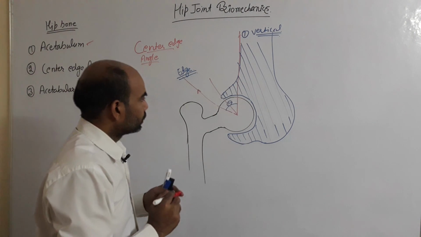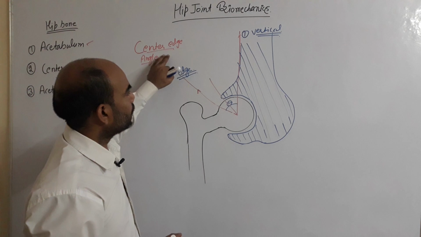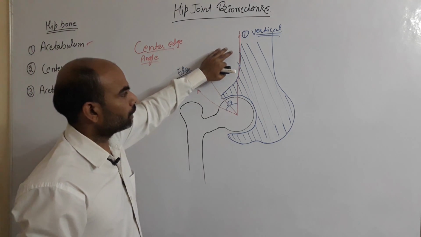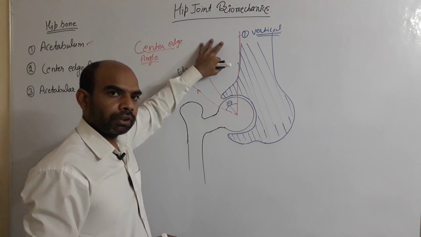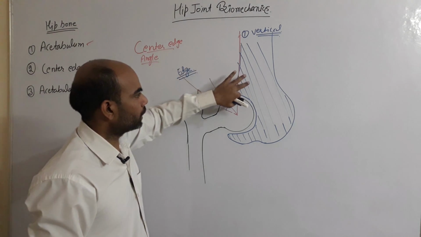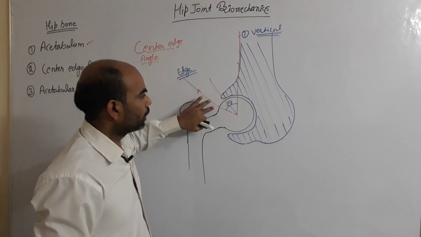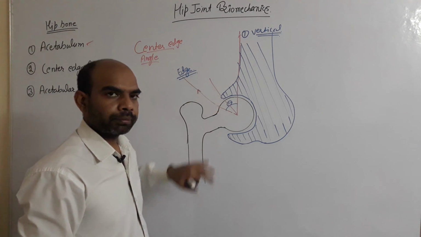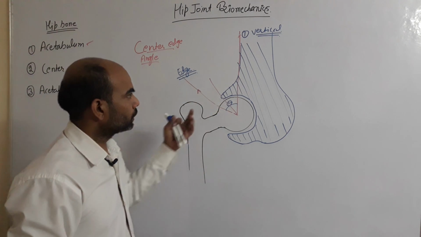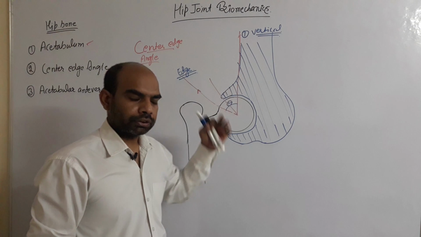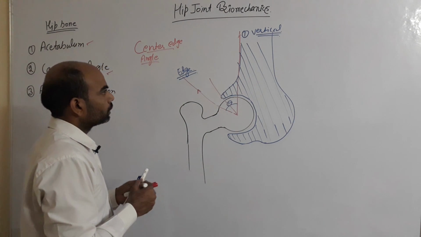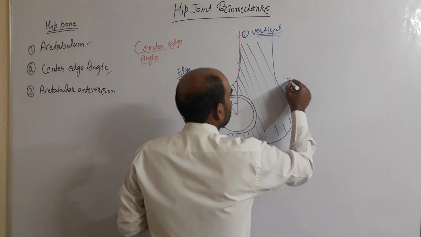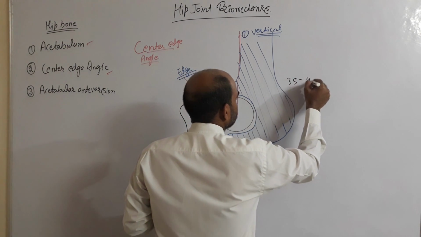So the central edge angle is the angle in the frontal plane; it represents the extent to which the acetabulum covers the head of the femur to oppose vertical forces. In a normal adult, this angle is around 35 to 40 degrees.